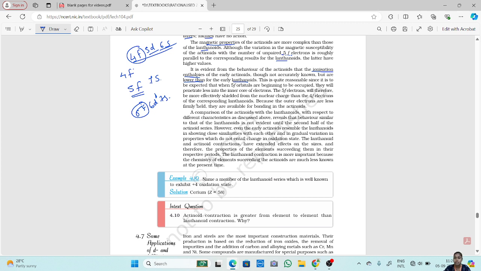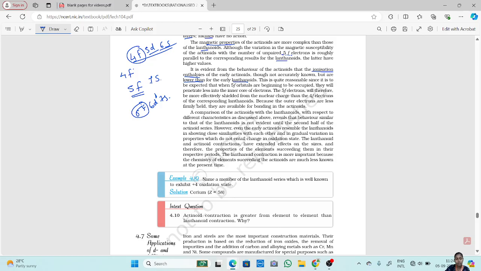Now, this is quite reasonable since it is expected that when 5f orbitals are beginning to be occupied, they will penetrate less into the inner core of the electrons, as I told you. The 5f electrons will therefore be more effectively shielded from the nuclear charge than the 4f electrons of the corresponding lanthanoids.